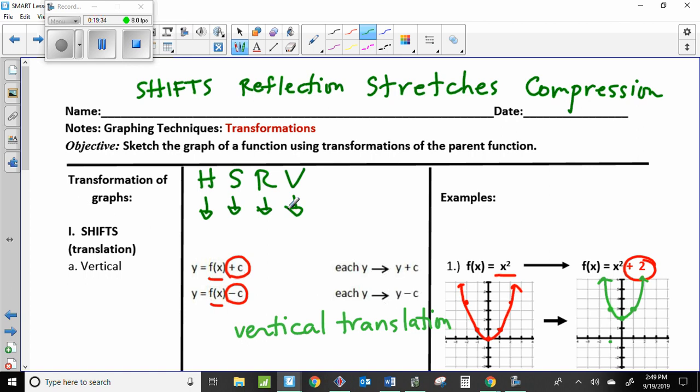So this is the order of transformation of graphs. Pay attention: the order of transformation of graphs is in the order of HSRV.